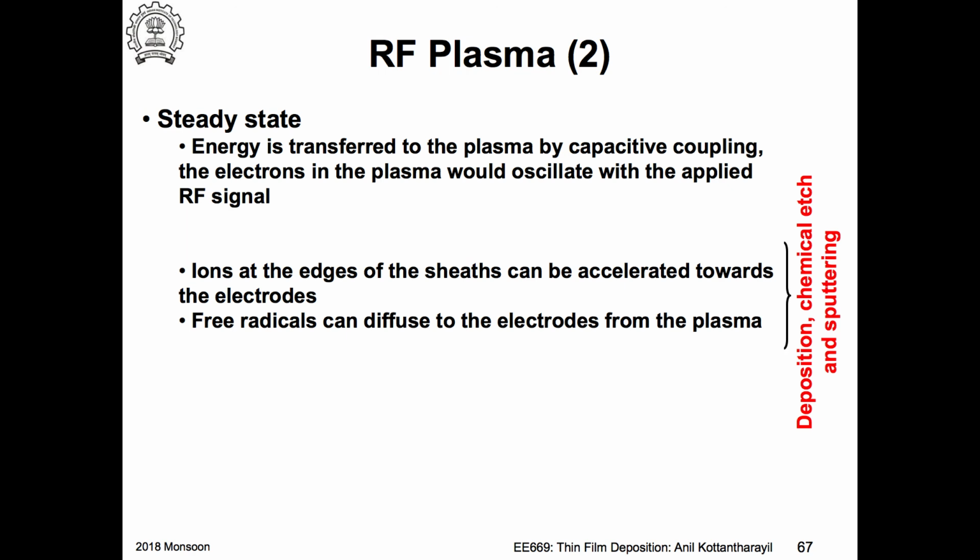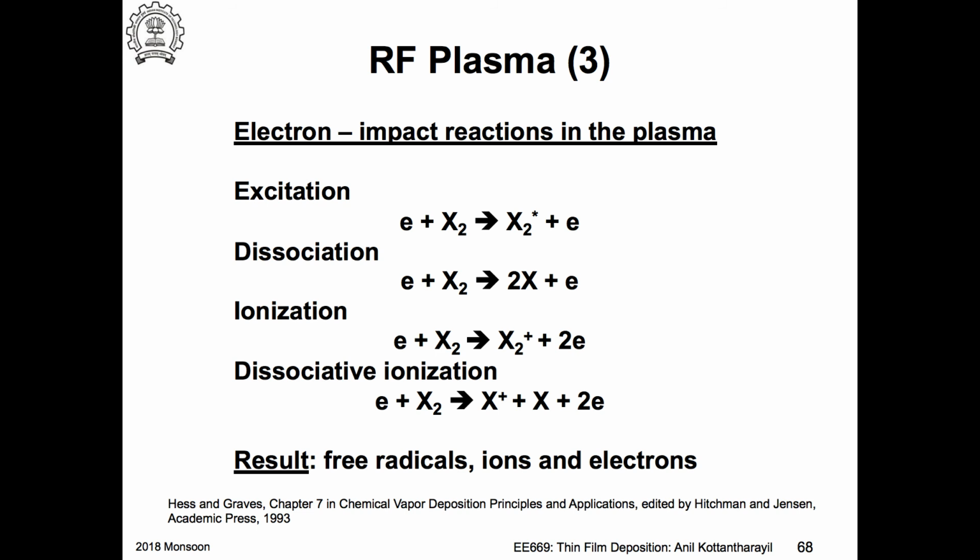We have seen that deposition, chemical etch, and sputtering can be achieved by using the ions and also free radicals. We'll see that on the next slide. So what all things are produced in your plasma? You have electrons hitting the molecules, and this is how you ignite the plasma.